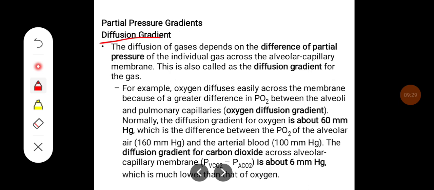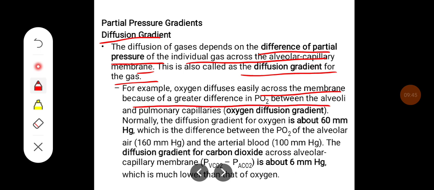Diffusion gradient. The diffusion of gases depends on the difference of partial pressure of the individual gases across the alveolar capillary membrane. So this is also called the diffusion gradient for the gas. For example, oxygen diffuses easily across the membrane because of a greater difference in partial pressure of oxygen between alveoli and the pulmonary capillaries.